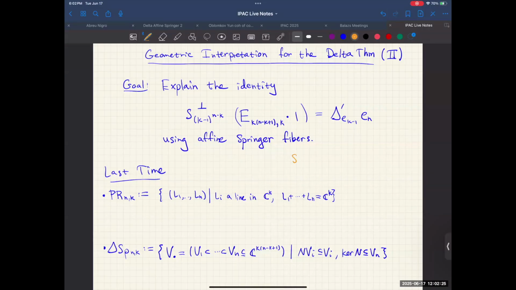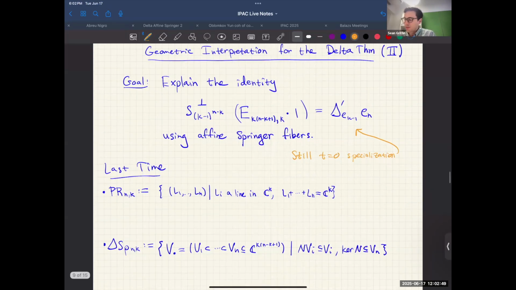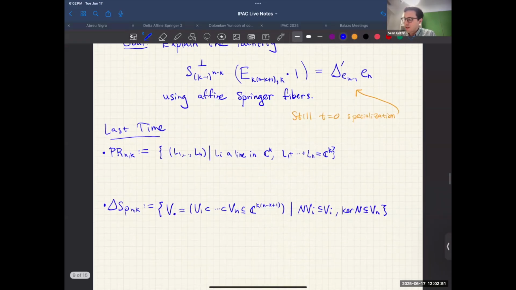Good, okay. So still working with t equals 0 specialization of this identity, and really just trying to understand the right-hand side as a polynomial. Last time I defined these two varieties.